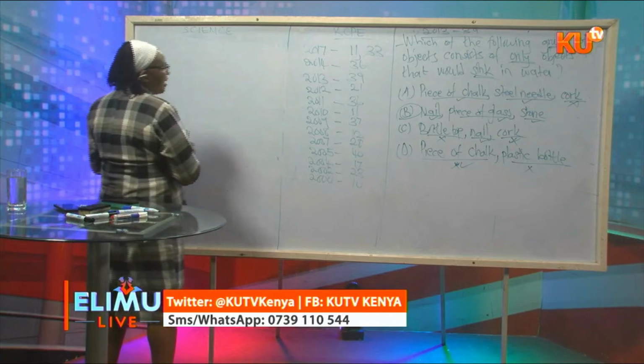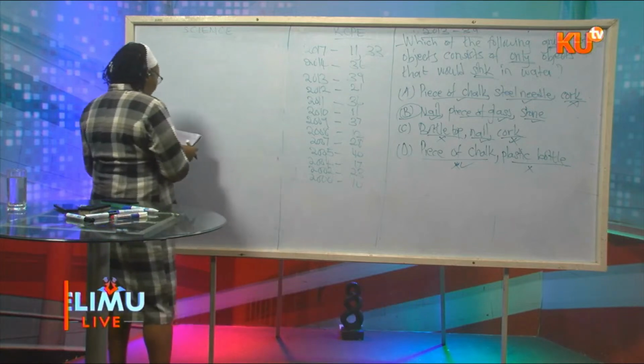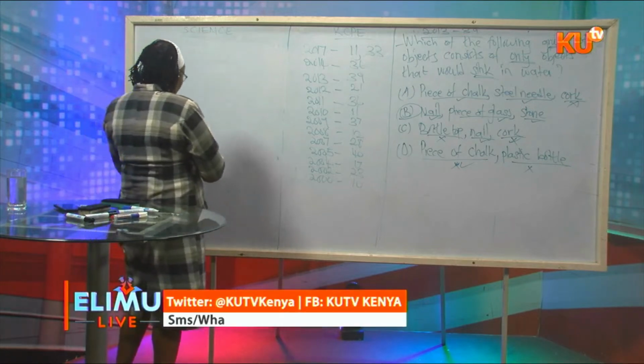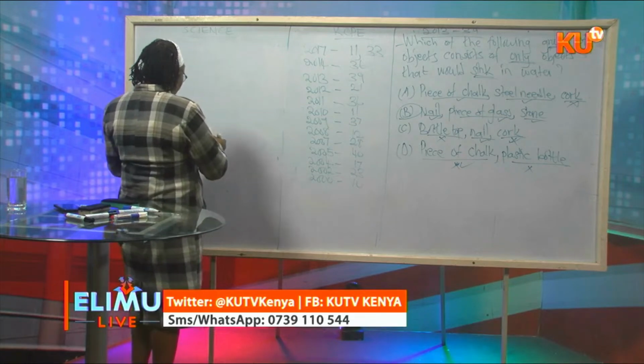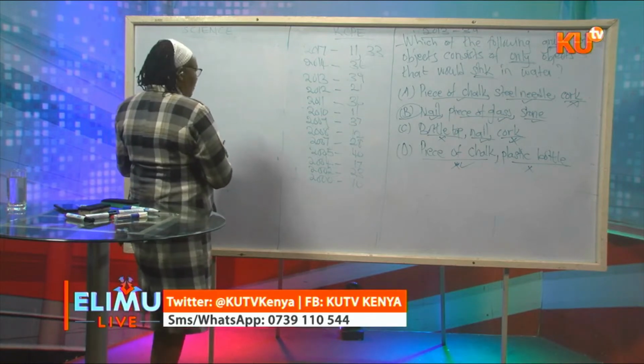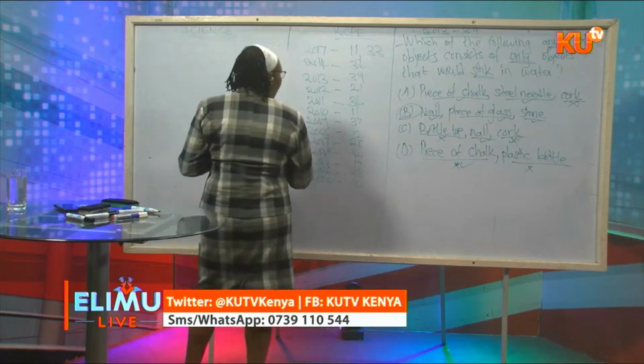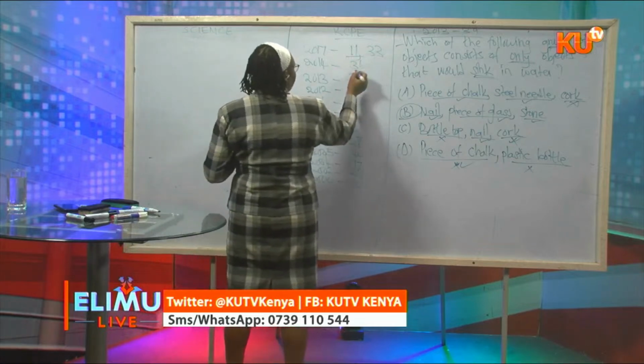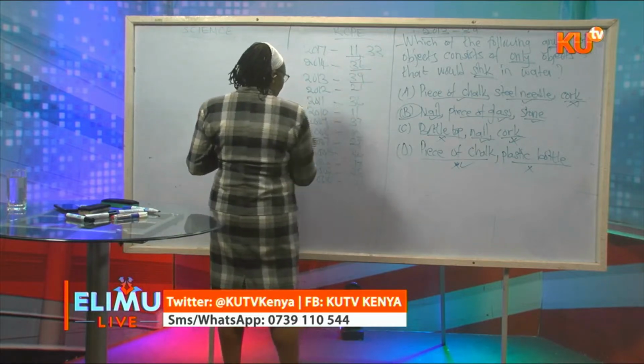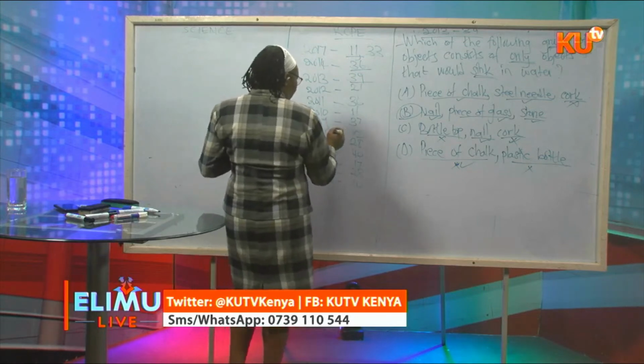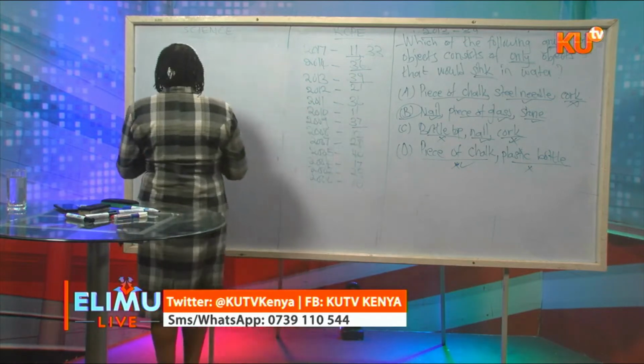No, I don't really have that question. So we can take another one. We can take question number 37 of 2009. We have done that one. We move to 2009, number 37.